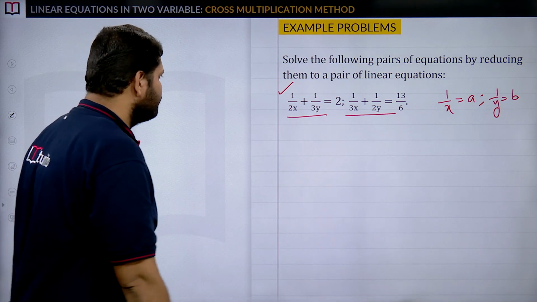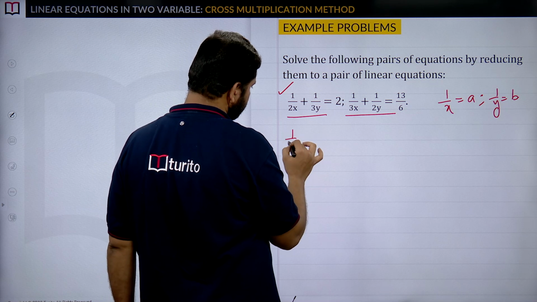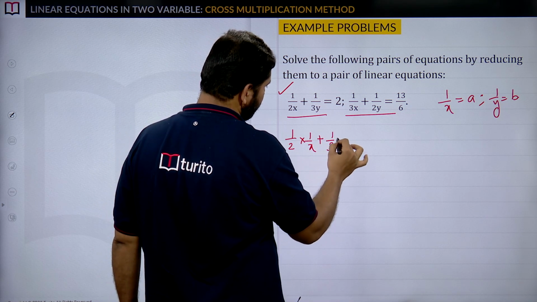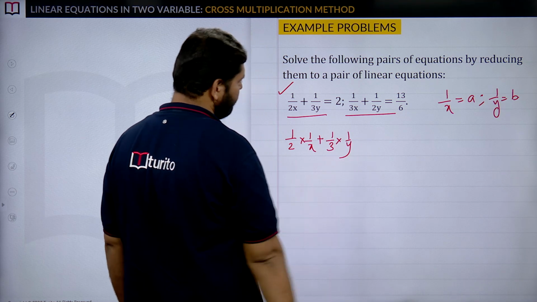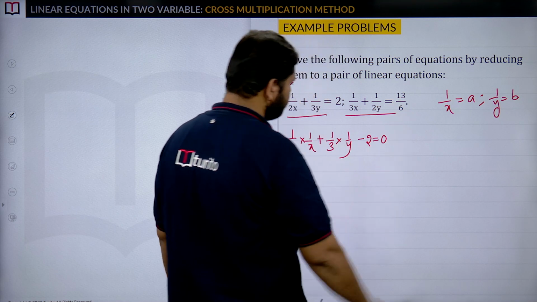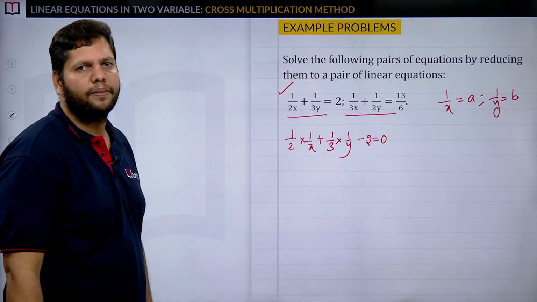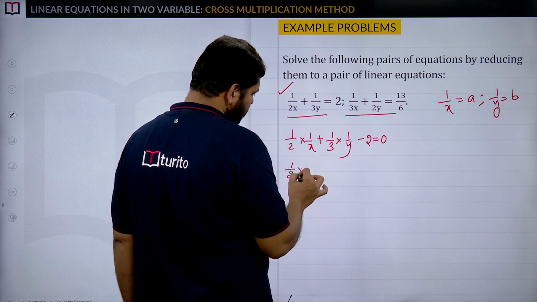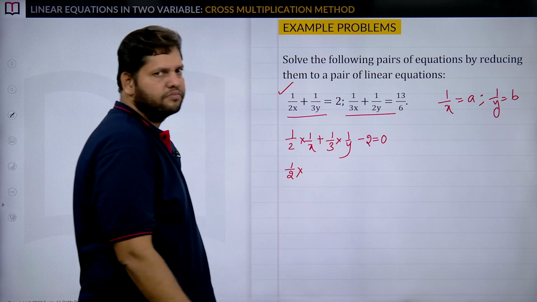Okay. Now we will do one thing. So this I am writing as 1 by 2 into 1 by x, and this I am writing as 1 by 3 into 1 by y. So this 2 is equal to what? A minus 2 equal to 0. Okay. Now this is what, children? 1 by 2. Children, what is the 1 by x value?